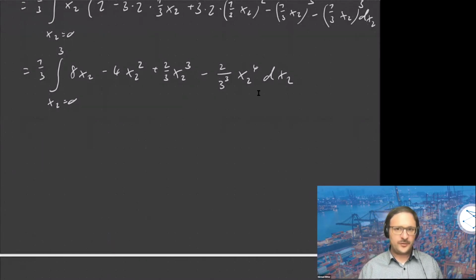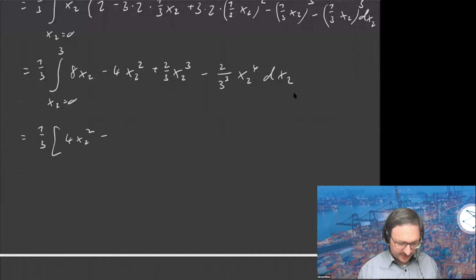So we can integrate that. And what do we get here? So we get x2 integrated is x2 squared over 2 times 8. That leaves us with 4x2 squared. Minus x2 to the power of 2. If we integrate that, we get x2 to the power of 3 over 3 times 4.